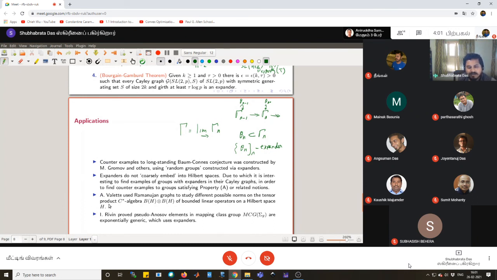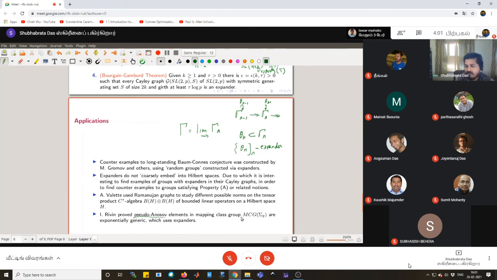And other applications I found very interesting were the application of Ramanujan graphs by Helene Ballet to see some different classes of norms on certain C-star algebras, and also the proof of the fact that certain kinds of elements are generic elements in something called a mapping class group.